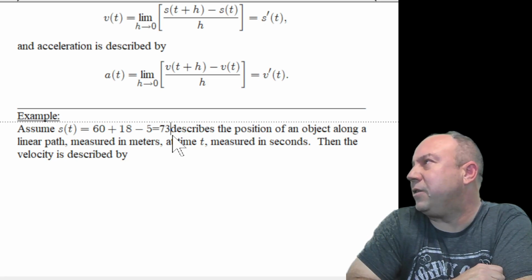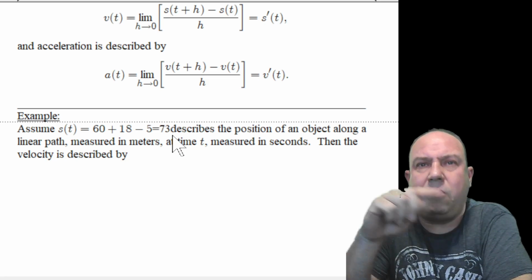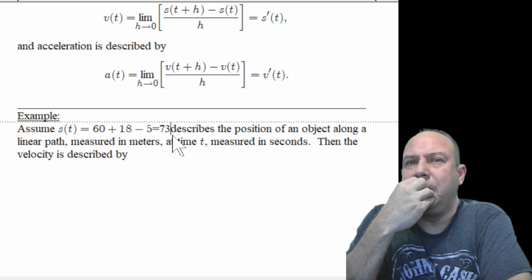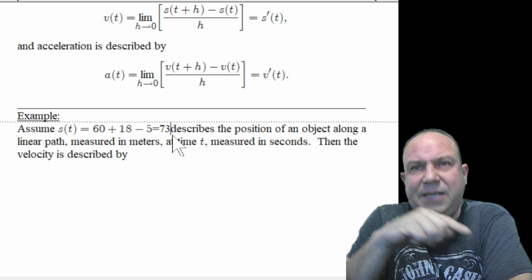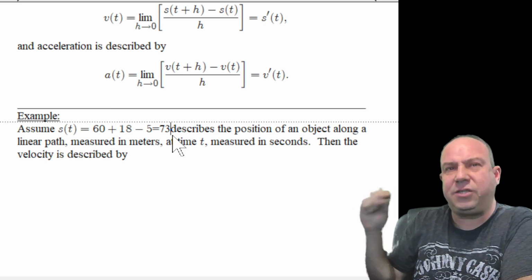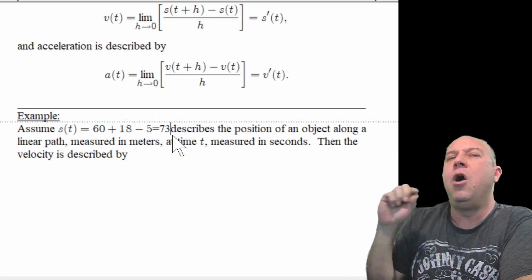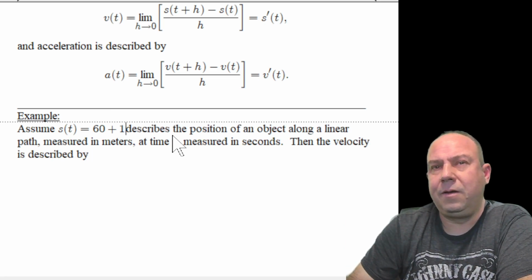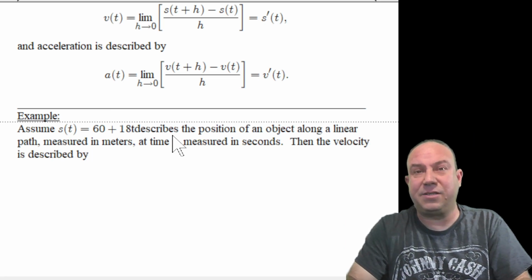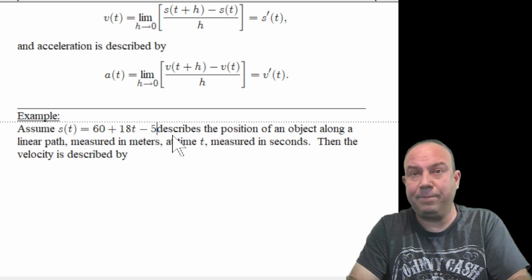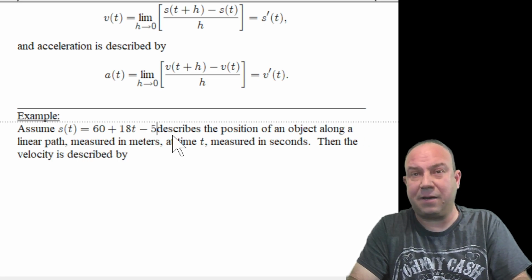So from time 0 to time 1, maybe seconds, I moved from position 60 to position 73. I moved along the line over those locations between 60 and 73 over that 1 second in time. I can think of that as being my description of motion with respect to time.